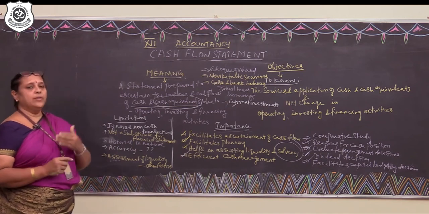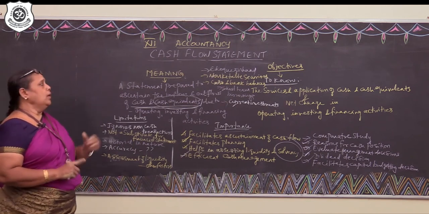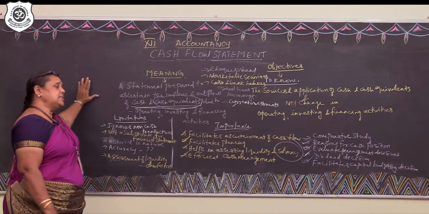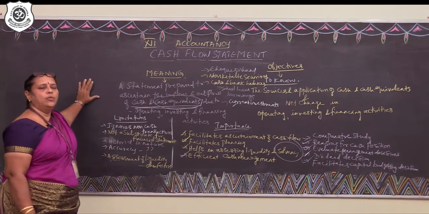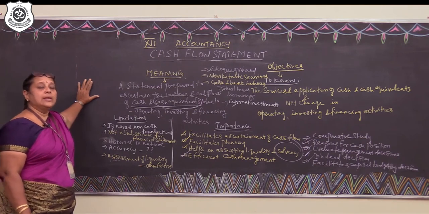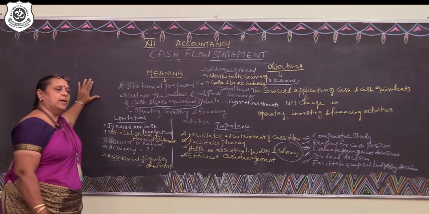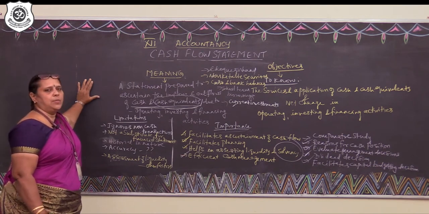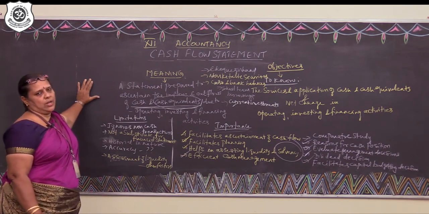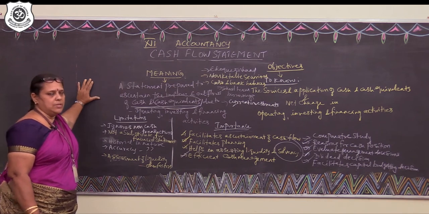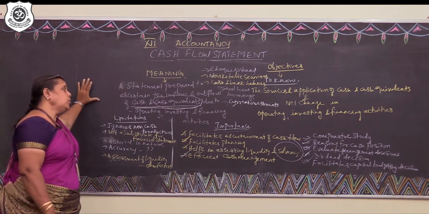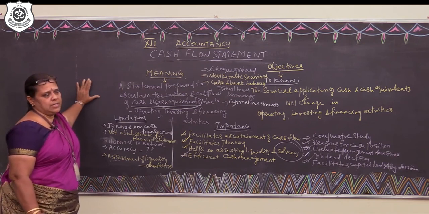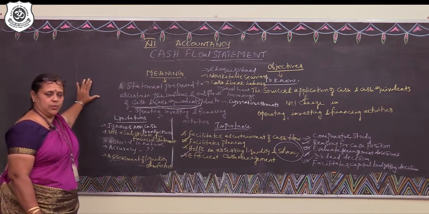So, let us revise what we learned today. Now, the cash flow statement is a statement prepared to ascertain the inflows and outflows of cash and cash equivalents. That means the real cash position plus the cash equivalents, which can be converted into cash anytime the business wants, due to the three major activities, namely operating activity, investing activity and financing activity.